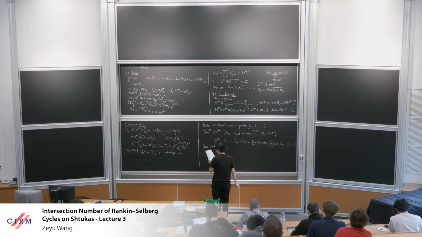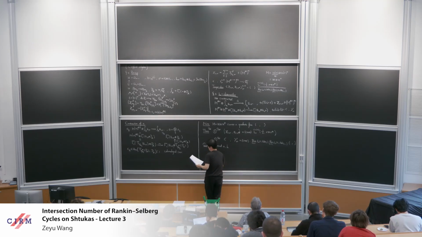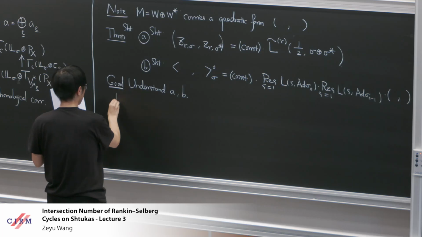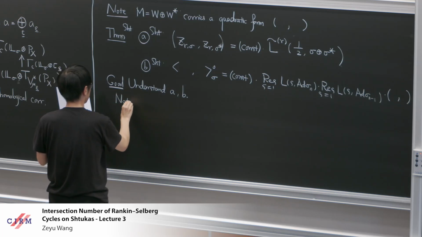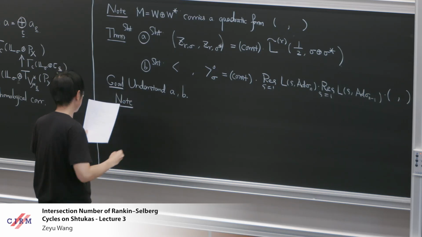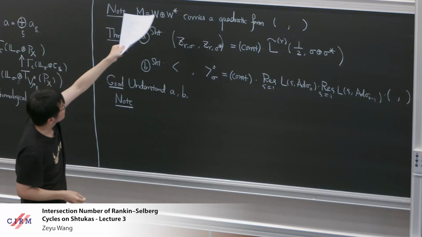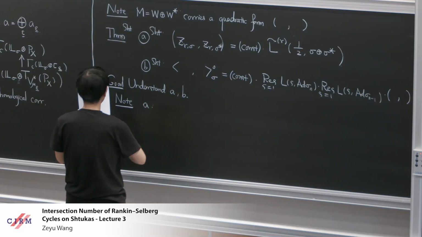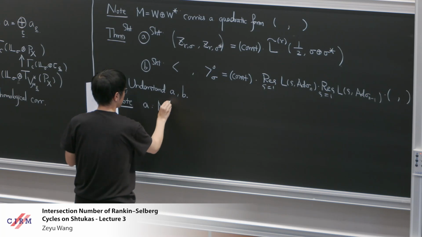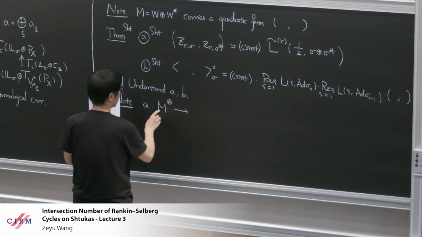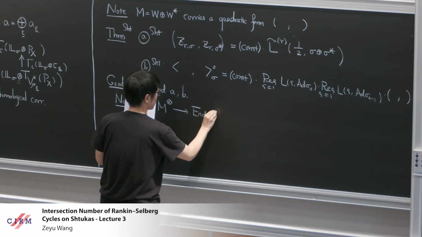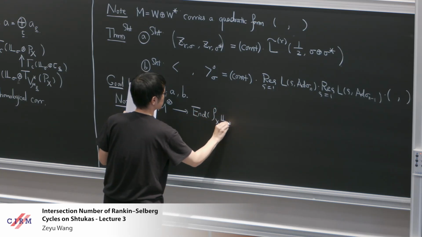Okay. But there's one step where you can make some simplification. Note what really is the map A. You can think of A as a map from the free tensor algebra of M to the endomorphism ring of this pure interval.